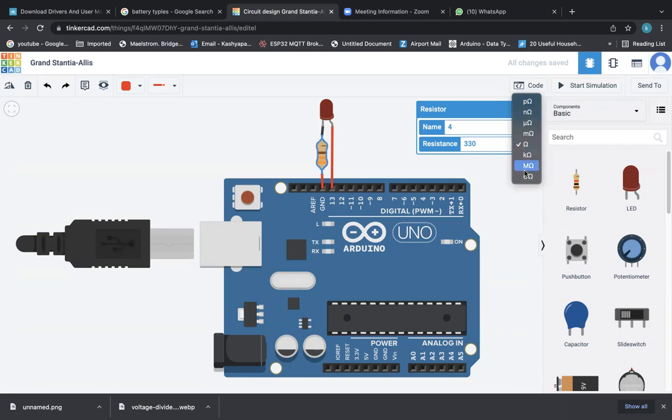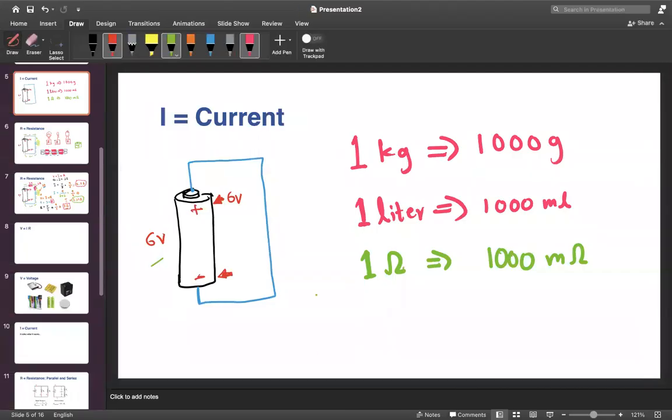So let's forget about mega and giga. This kilo ohm, if you can guess, tell me: 1 kilo ohm is equal to how many ohms? 1000 ohms. Exactly, correct.